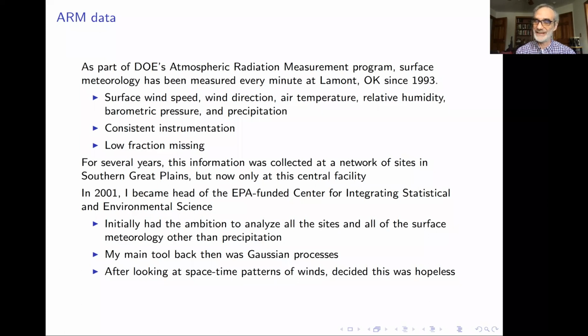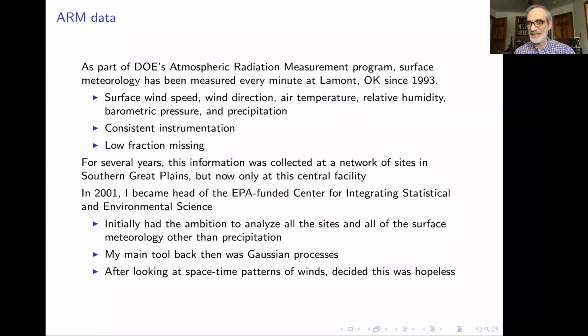And I had an EPA center that began in 2001. And we had this grand vision that we were going to analyze all of these surface meteorology data and somehow come up with some grand statistical model. The main tool that I and others used at that point for thinking about continuously varying spatial quantities was Gaussian processes.